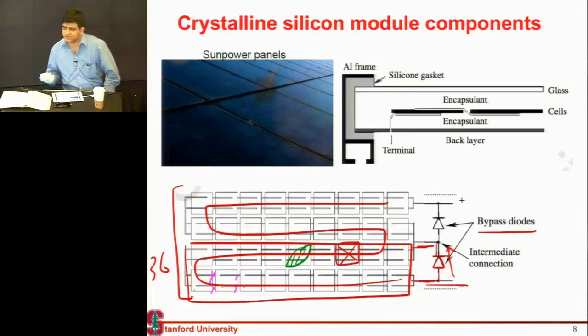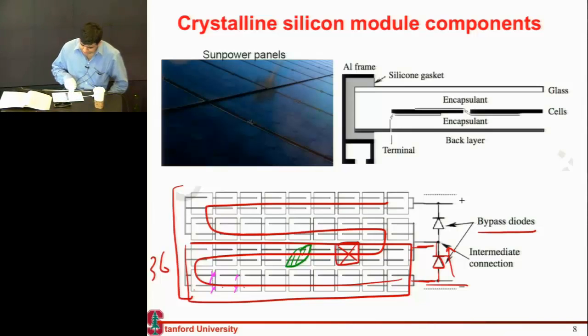So this technique is also used especially if you have a large number of cells in series. You often find bypass diodes connected on one side of the panel, and they allow for this parallel path, which becomes available if something goes wrong in the cells in this series.